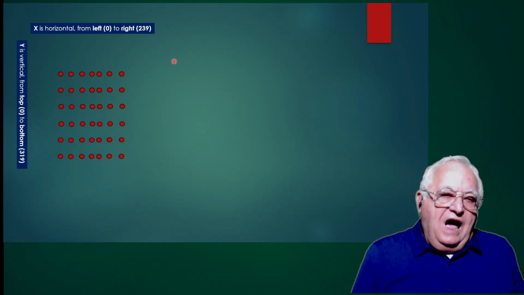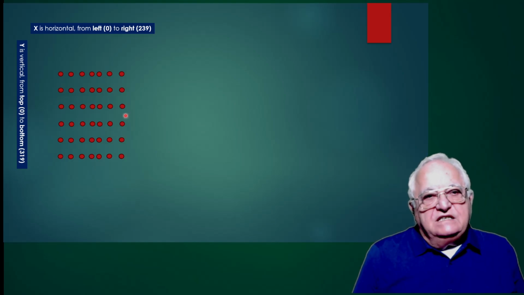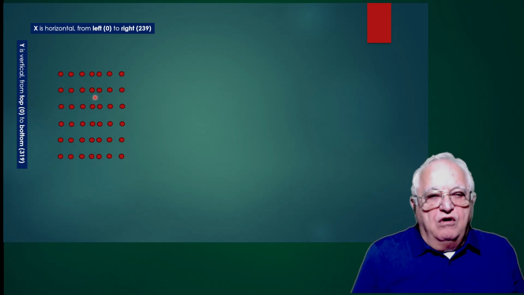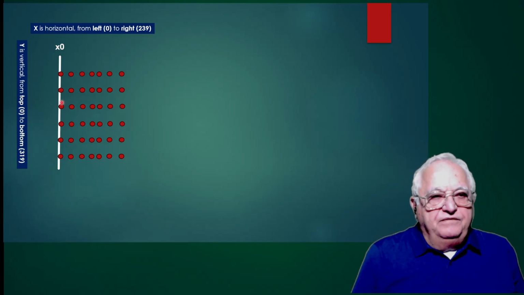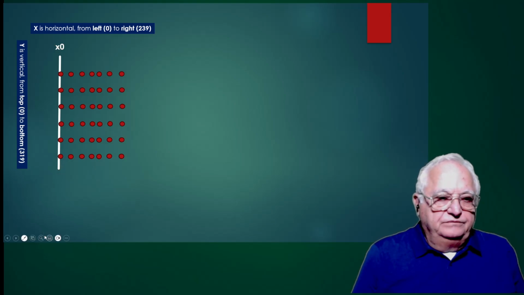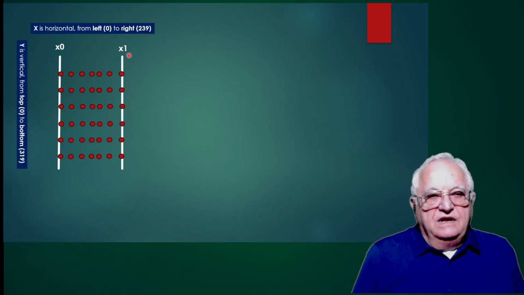So now I want to write something into the display. The first task is I need to define the area where I'm going to be turning on or off pixels. So how do I do that? First I need to define X0 and X1.